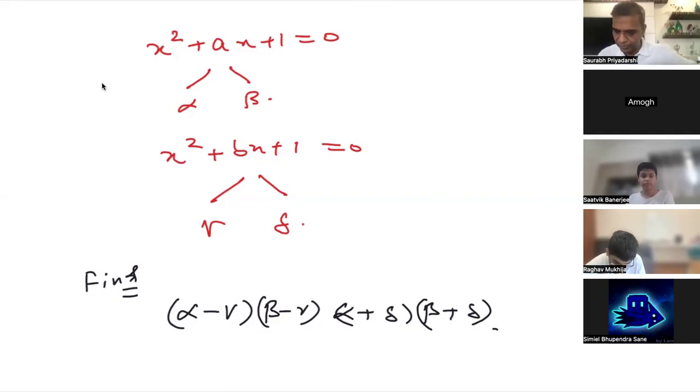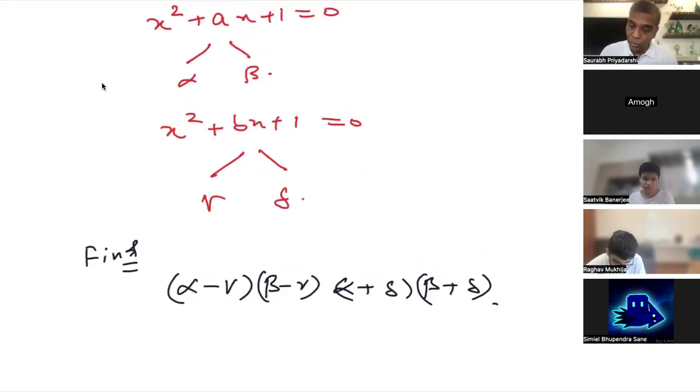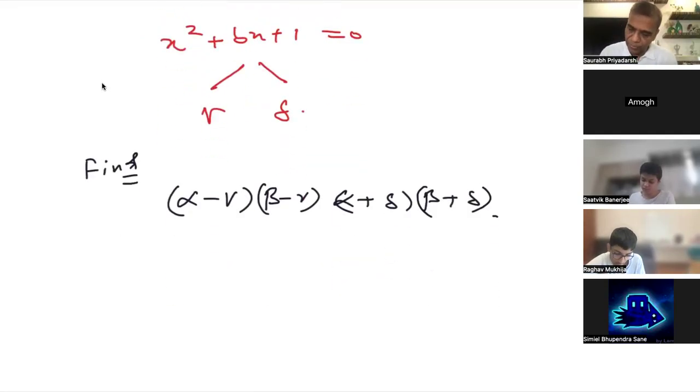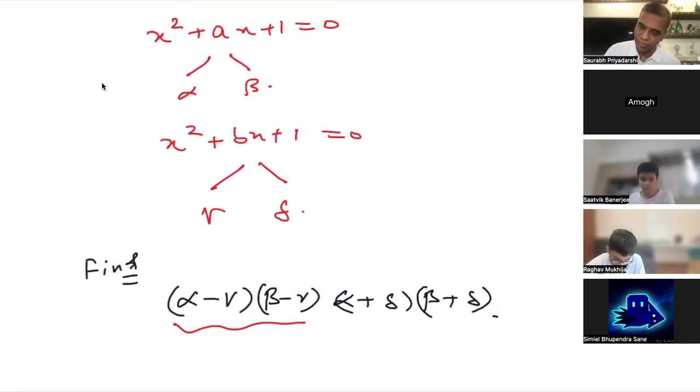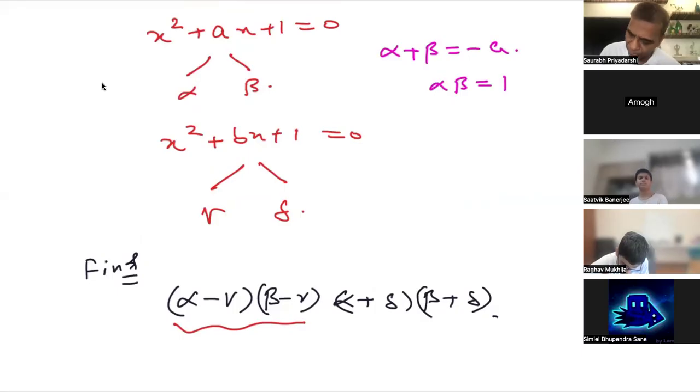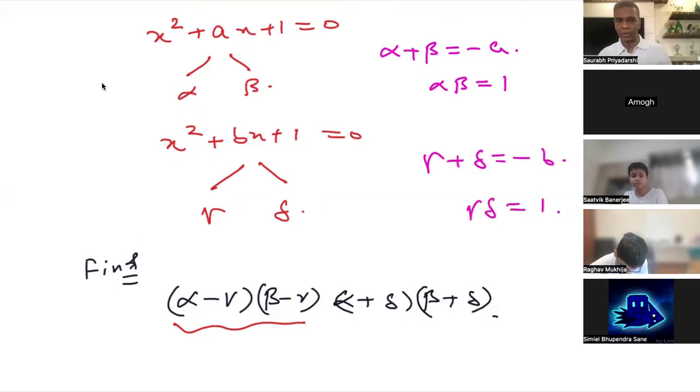See, I said go with the flow means first I can see the equation, what we have. First is alpha plus beta is minus a, second is alpha beta is 1. From this, gamma plus delta is minus b, gamma into delta is 1. We have this much information.